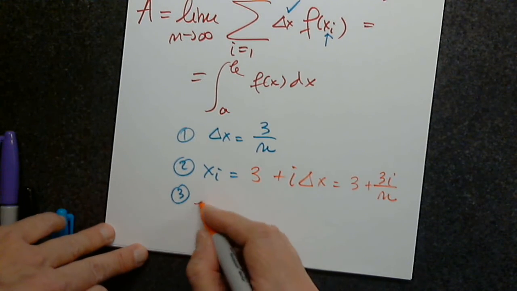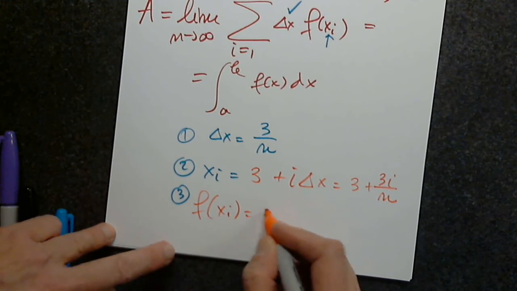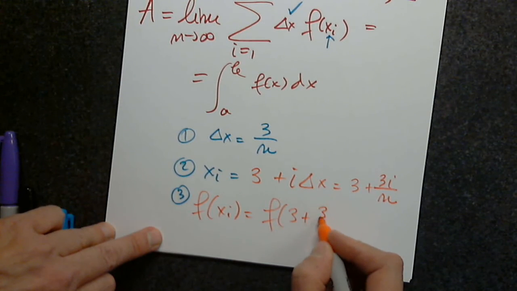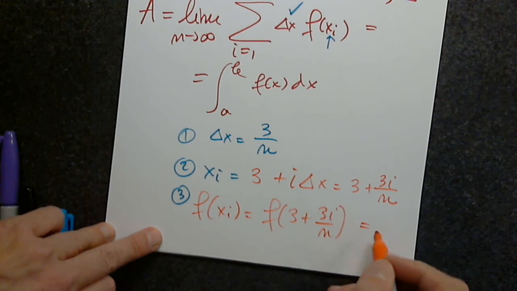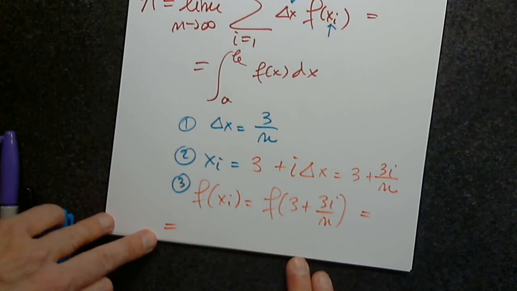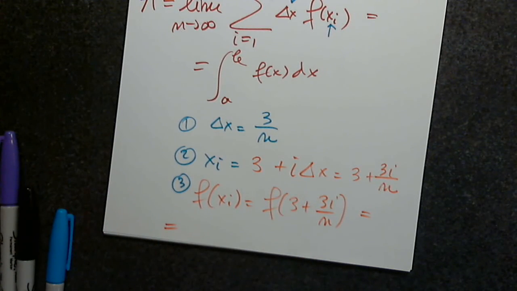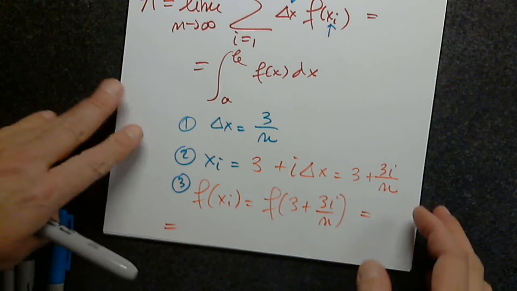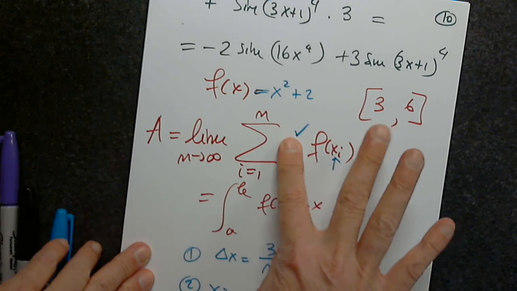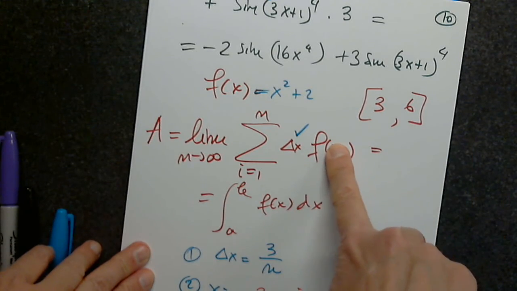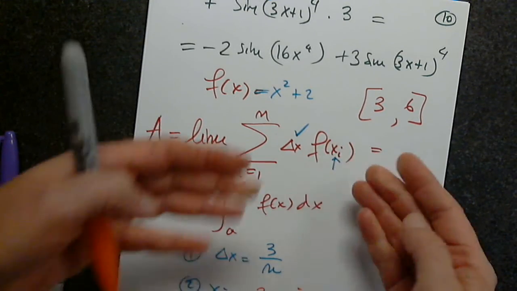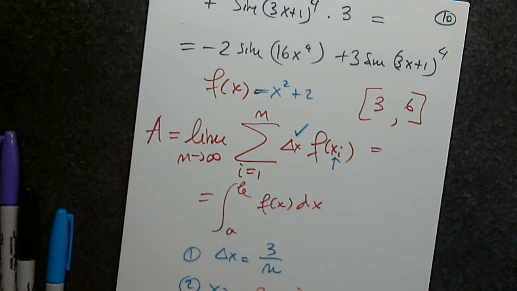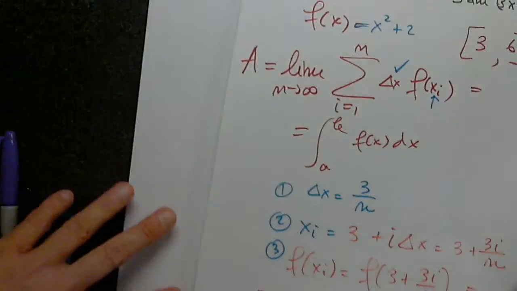Good. Final step, I need this, which is f of 3 plus 3i over n. I need to determine f of xi, and then I can put everything together. So I started with this, then I continued with the inside, now I'm determining this, and then I have all the pieces to put together. Good.